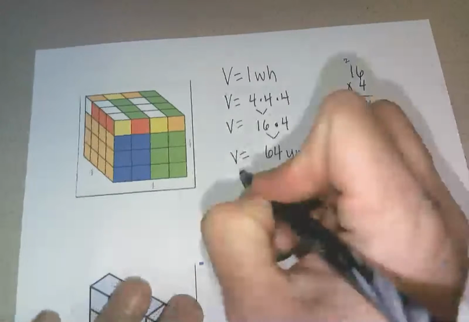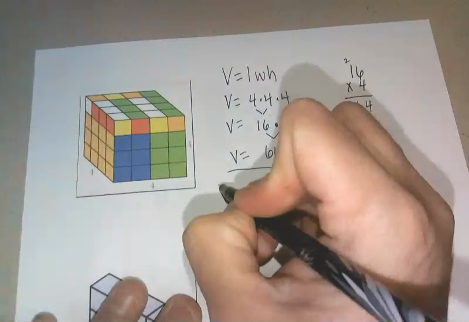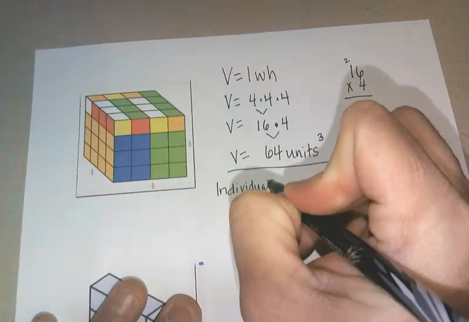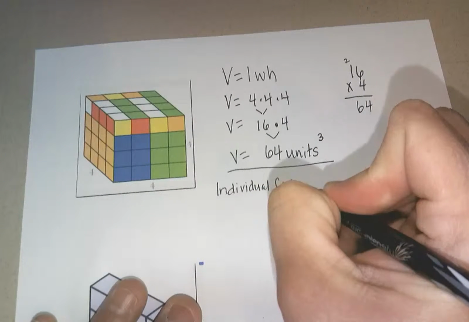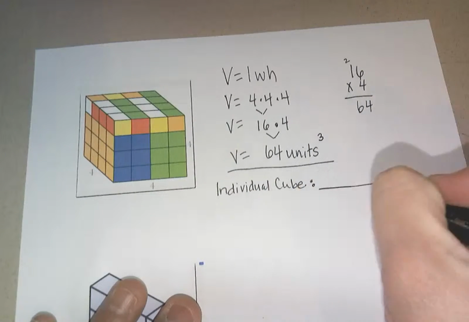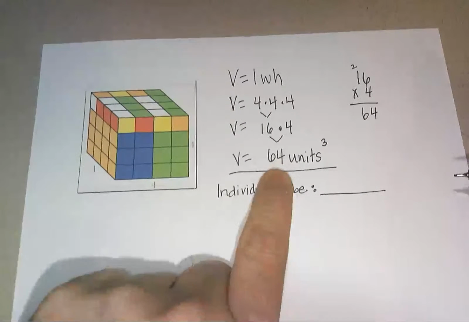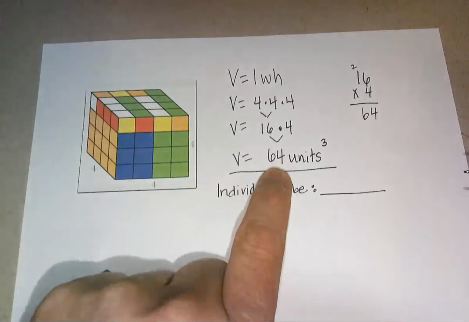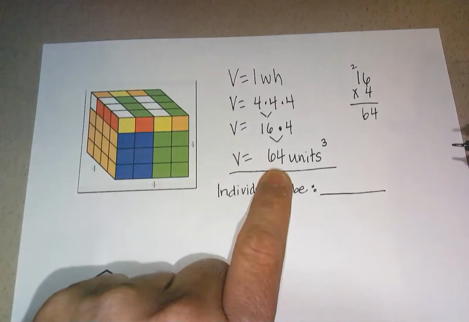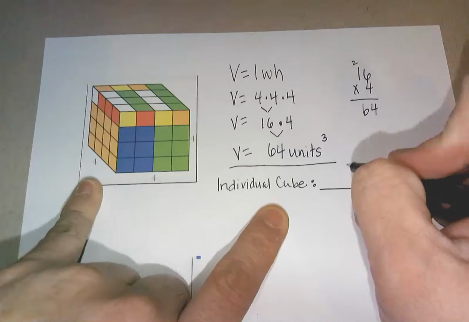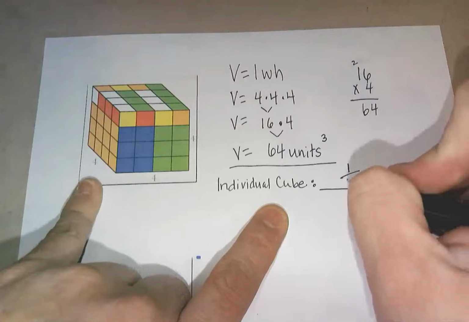Now, how do I find the individual cube? Since this is the volume formula, I want the individual cube. Well, it's really easy. The 64 answer we got, if we flip it over, we can just put a 1 on top and put the 64 on the bottom.